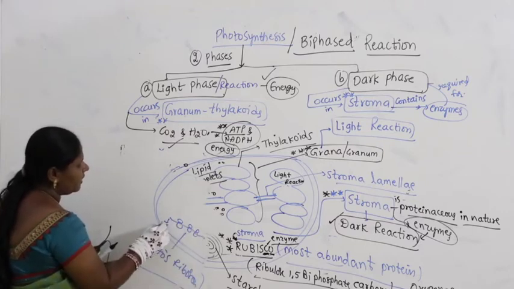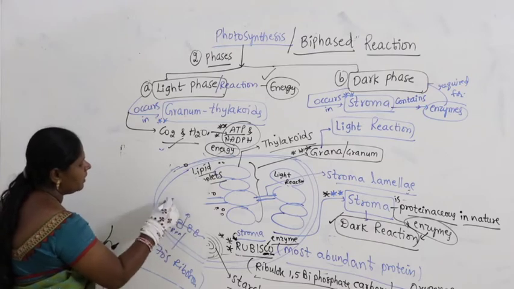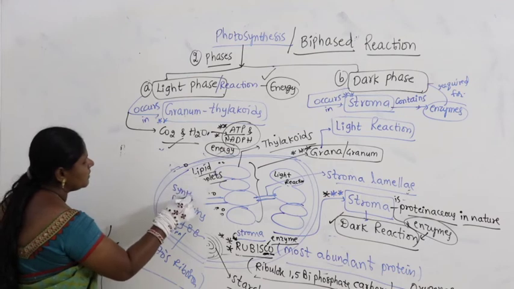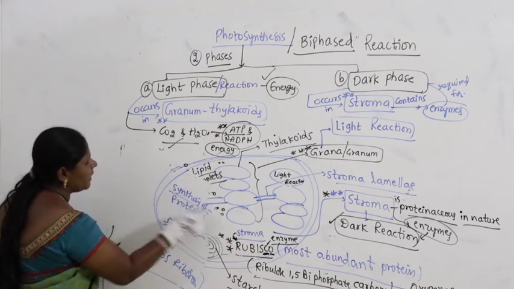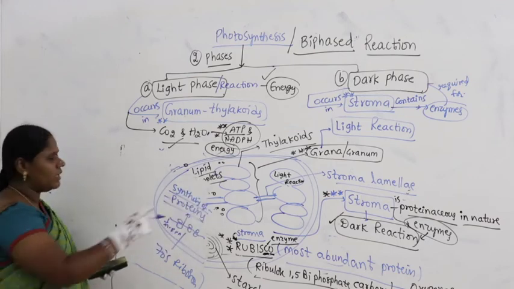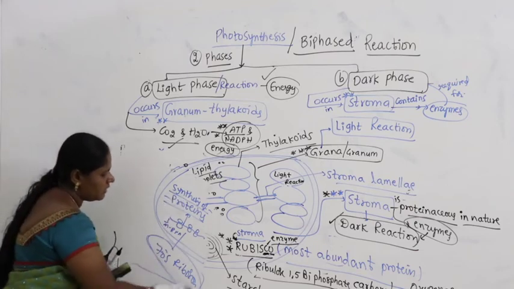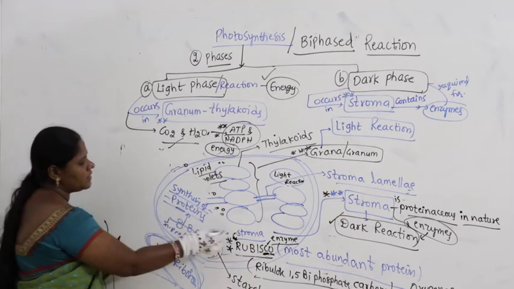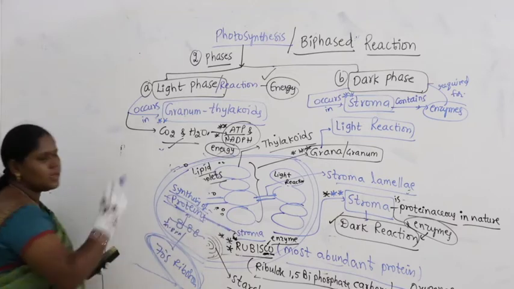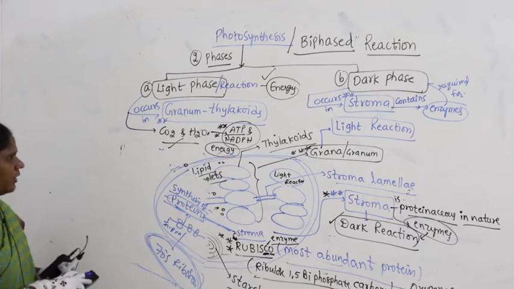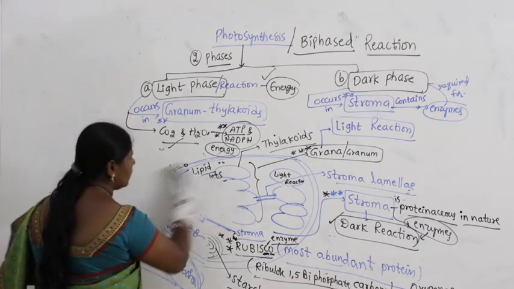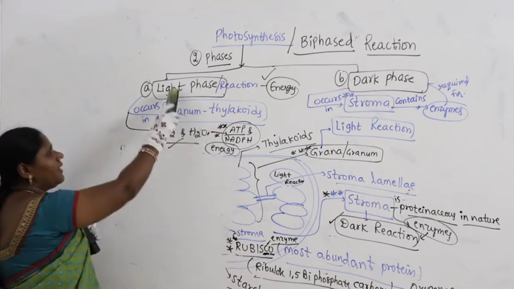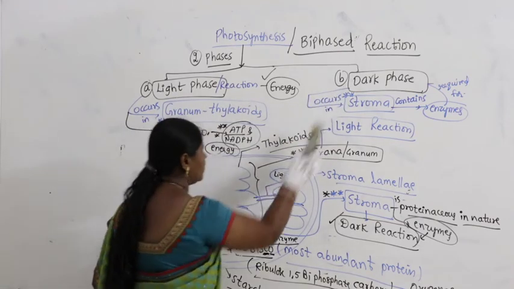They come with mRNA and synthesize proteins. Whenever you get the question of who is involved in synthesis of proteins, it is the 70S ribosomes within the chloroplast, and because of this, the stroma is proteinaceous in nature. Try to remember that point. So, let me erase this chloroplast. Now, you have a clear idea where the light reaction occurs and where the dark reaction occurs.